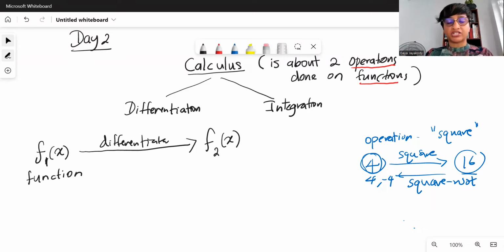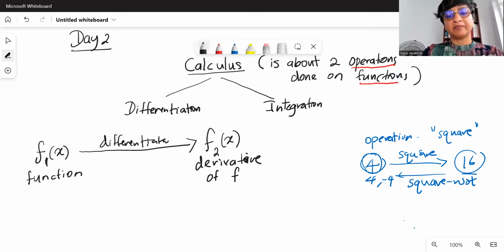That is what we call the derivative of the first function. Let's see what this derivative is. f2 is the derivative of f1. It's like 16 is the square of the number you started with. This was the original number.